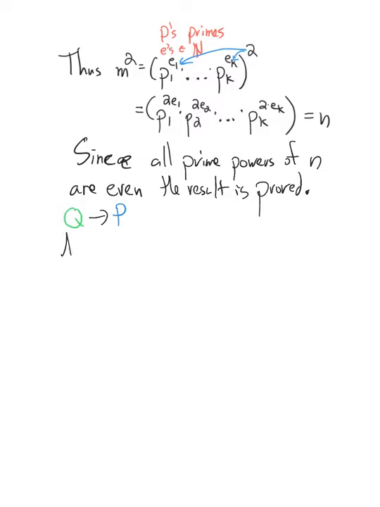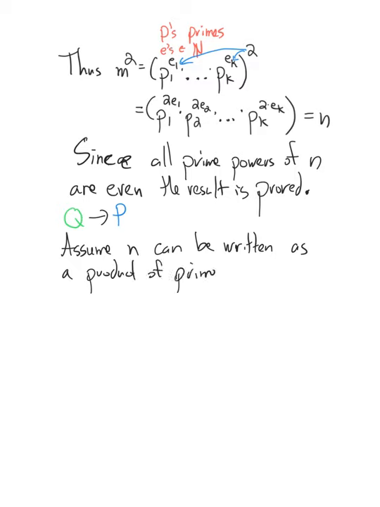So assume that n can be written as a product of primes with even powers.